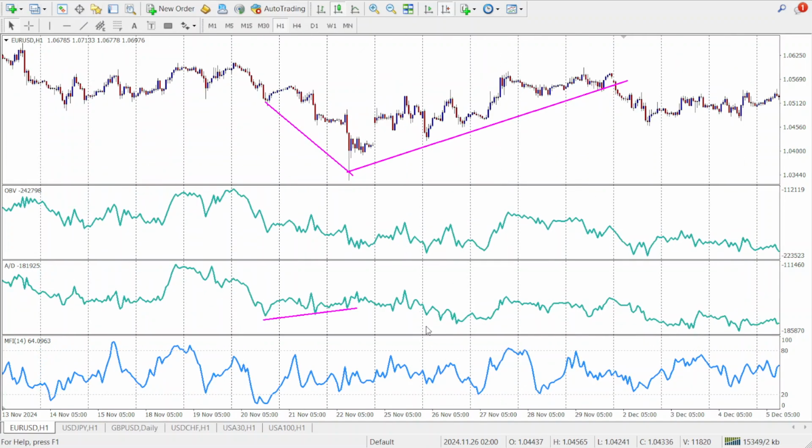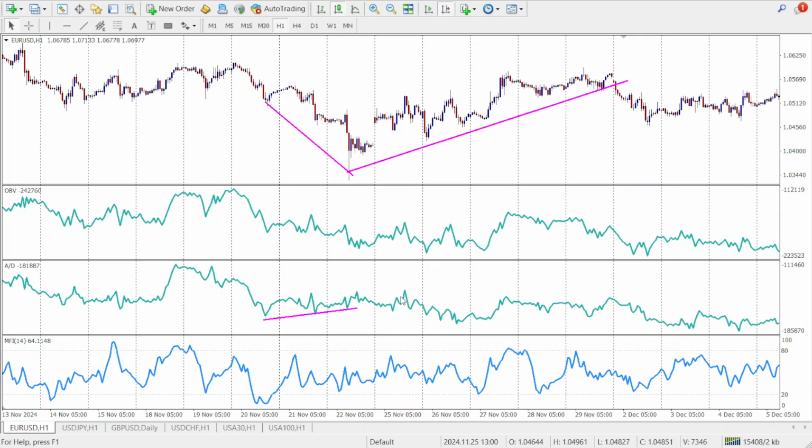All right, so now that we've covered what each of these indicators does, let's compare them to understand their unique features and applications. Now, the on-balance volume is great for confirming trends. It's a simple tool that tracks whether buying or selling pressure is driving the market. However, it does not provide overbought or oversold signals.